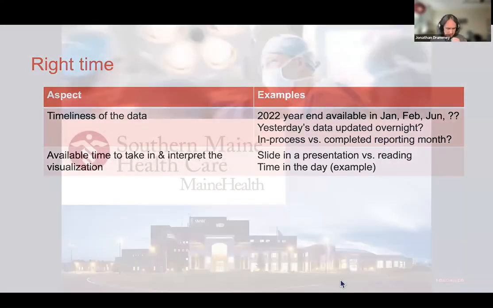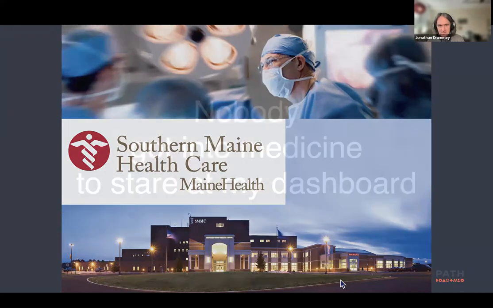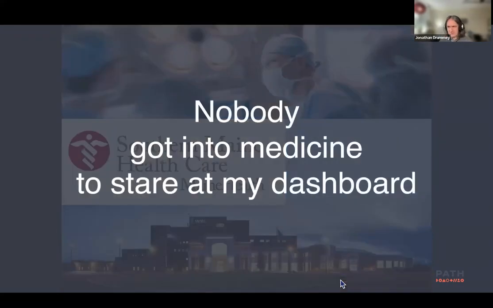And then another example of this comes from the local healthcare system that I worked with several years ago. A number of the visualizations I was building were for clinicians. They were for doctors and nurses. And their job is to see patients. And one of the things I quickly realized was that nobody got into medicine to look at my dashboard.